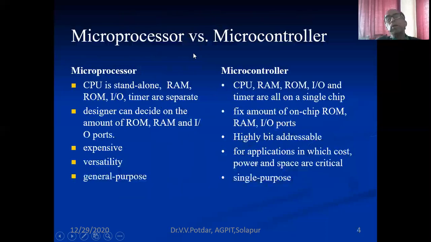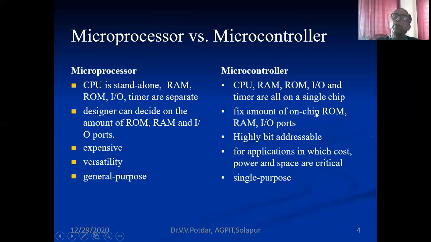If we compare microprocessor with microcontroller, friends, in the microprocessor, the CPU is standalone, and RAM, ROM, input output, and timer are separate. In a microcontroller, CPU, RAM, ROM, IO, and timer are all on a single chip. This is a major difference between a microprocessor and a microcontroller. In a microprocessor, the designer can decide on the amount of ROM, RAM, and input-output ports, so this flexibility is there. Whereas microcontrollers are dedicated chips for a particular application; those are easily used.